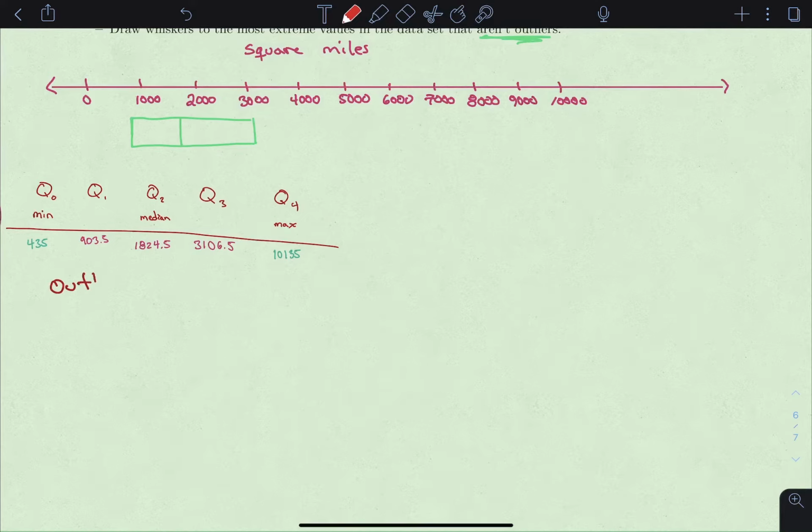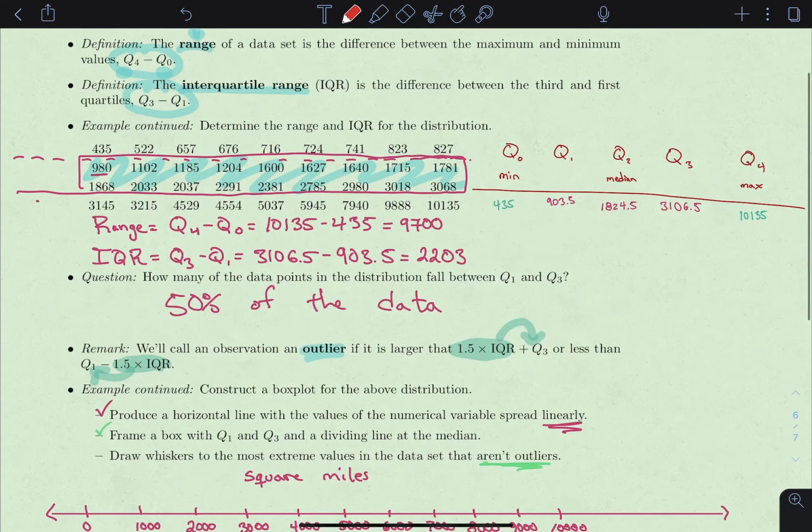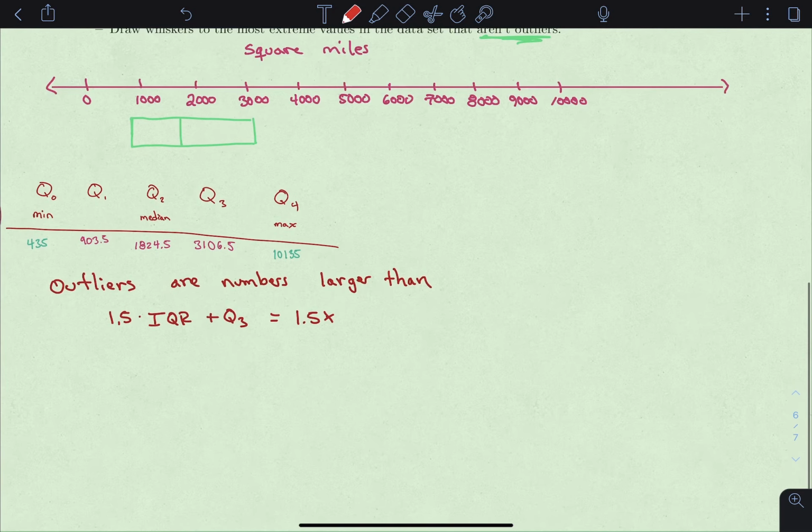Outliers are numbers larger than 1.5 times the IQR plus Q3. So that's 1.5 times, and then the IQR was 2203.